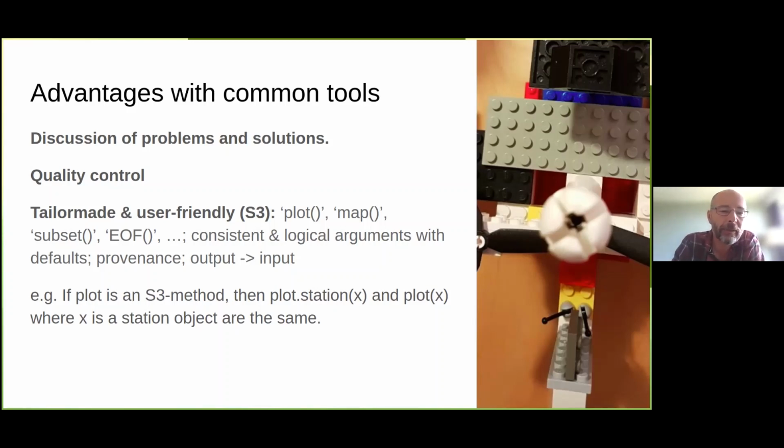And every time you apply a function to an object, it will include this step in a history list. So it will provide a provenance to the analysis. In the end result, you will have a list of what has actually been done to that object, which is very useful, because that makes it very transparent what you've done, so you can repeat it.